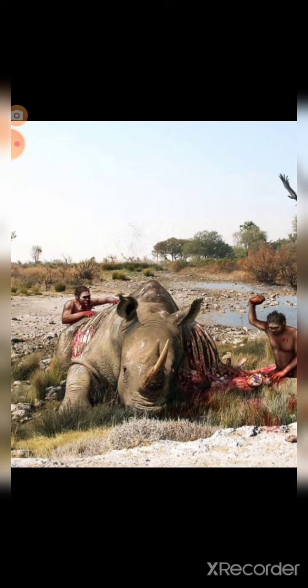What do you think about the problems they faced? Which are the problems they had to face? Yes, they lived in forests, so there were wild animals in the forest.